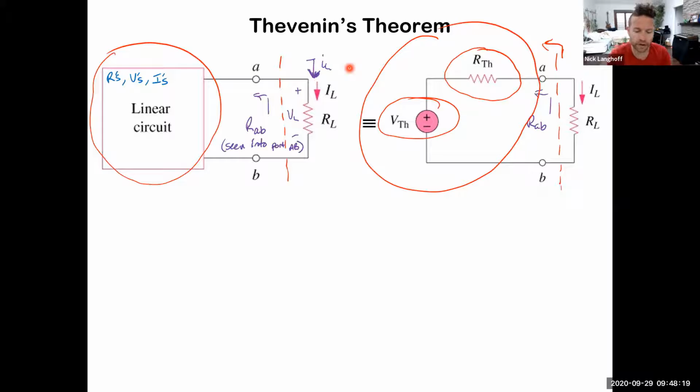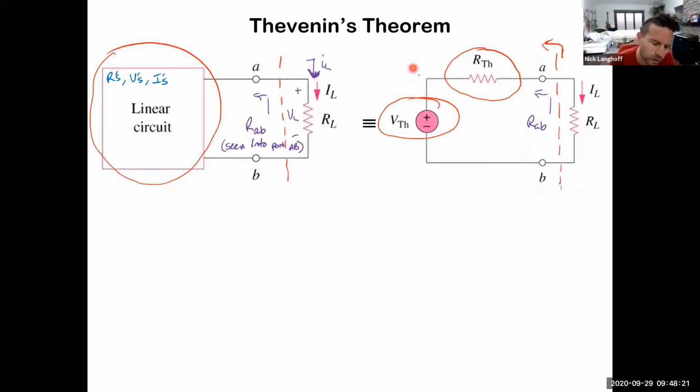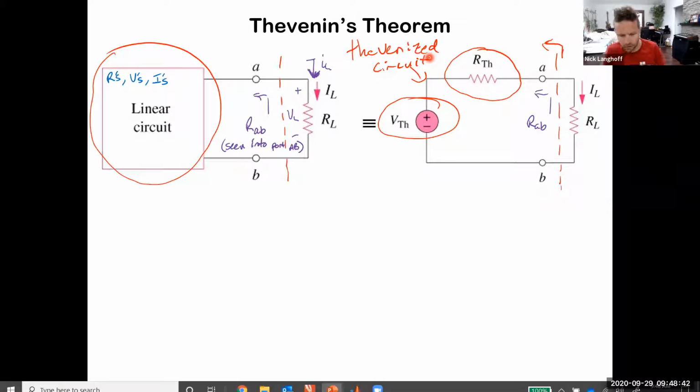As we will use the terminology, we'll call this the Thevenized circuit. That's the circuit after we've so-called Thevenized it, figured out its Thevenin equivalent. Okay, so how do you Thevenize a circuit? That's the subject of our study this week.